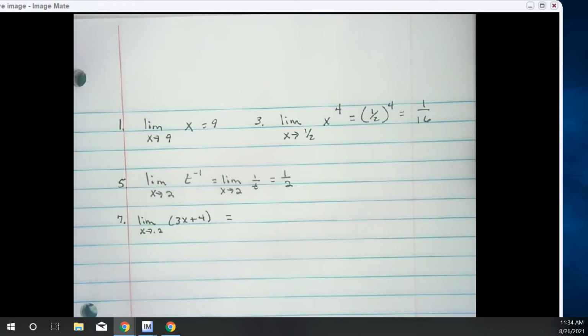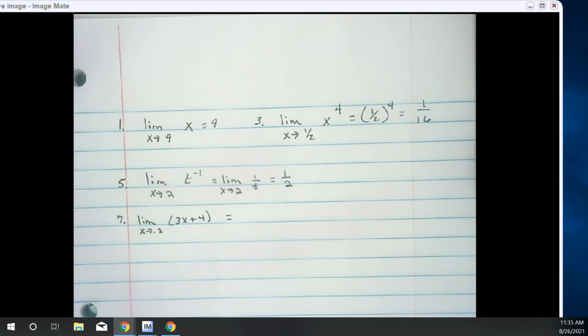How would you break this apart to make it easier? If you're doing anything in your head, you're breaking it apart using your basic limit laws. 0.6 plus 4. Why do you think it is 0.2 times 3 is 0.6?